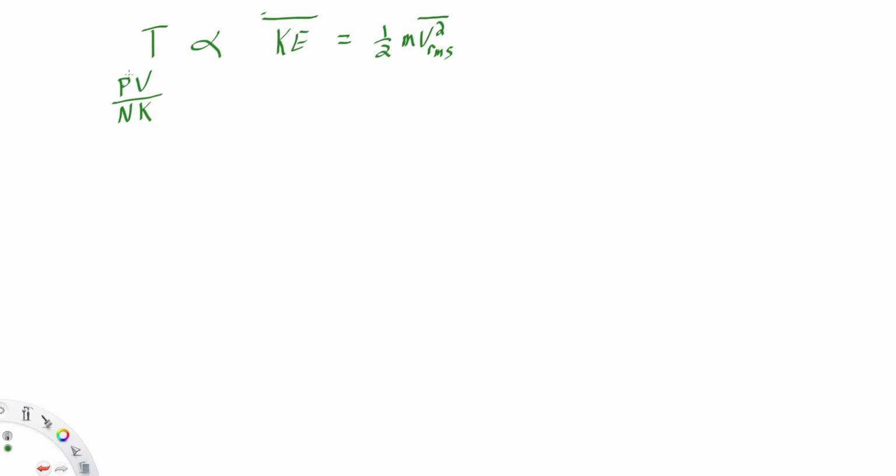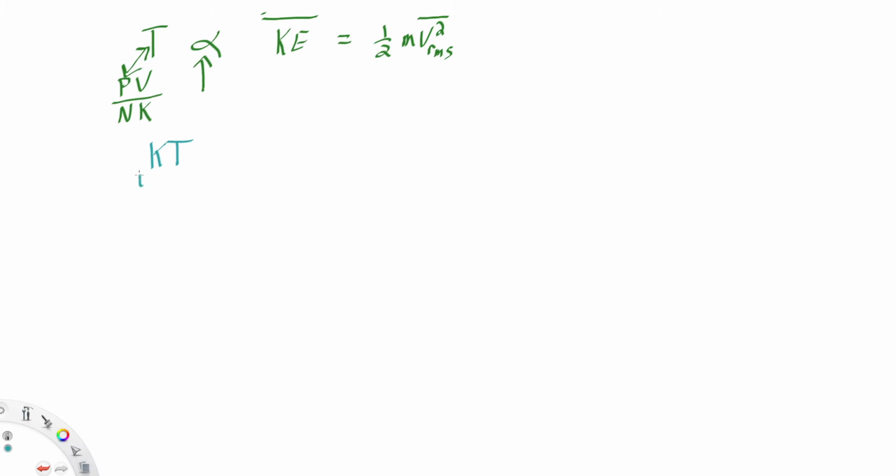So if we're dealing with a gas, these two are interchangeable. But we still have to deal with this proportionality symbol, and we want to change this proportionality to an equals. In physics, we use something we call the thermodynamic temperature, which is actually Boltzmann's constant times the temperature in Kelvin.